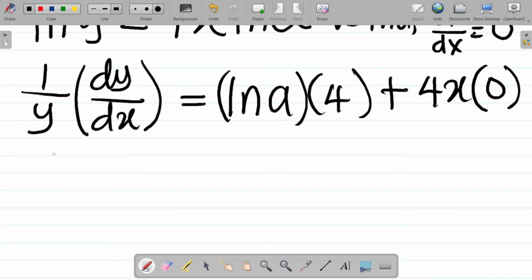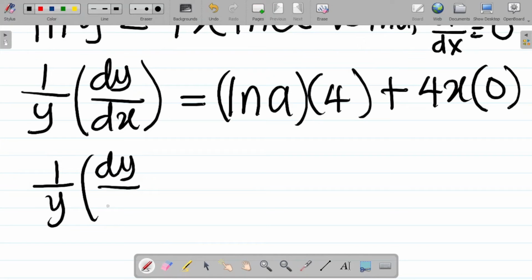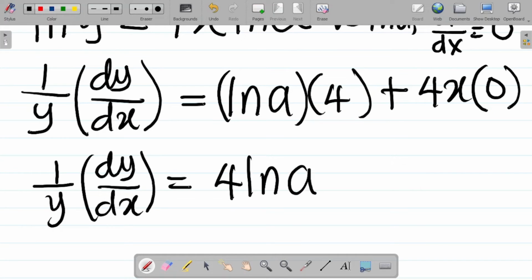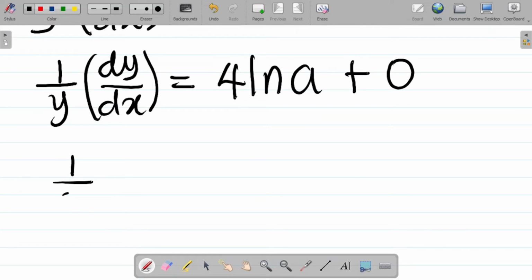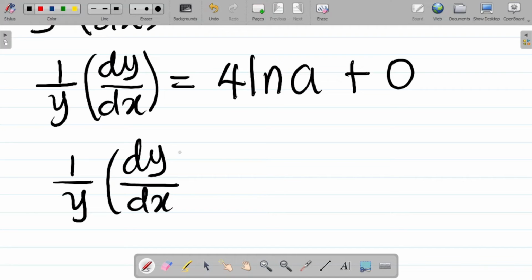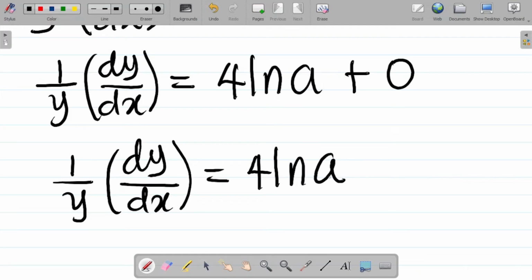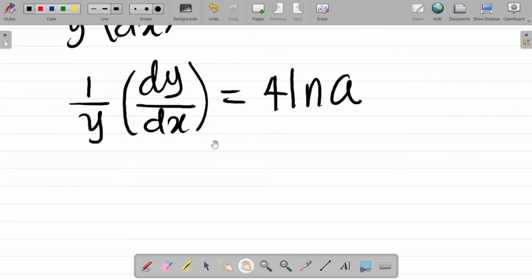Let's work on this. This becomes 1 over y dy over dx. It's equal to ln a times 4 gives you 4 ln a plus 4x times 0 gives you 0. Proceeding, I have 1 over y dy all over dx is equal to 4 ln a, of course plus 0 is itself. At this point, how do I solve this? I want to get dy over dx here.